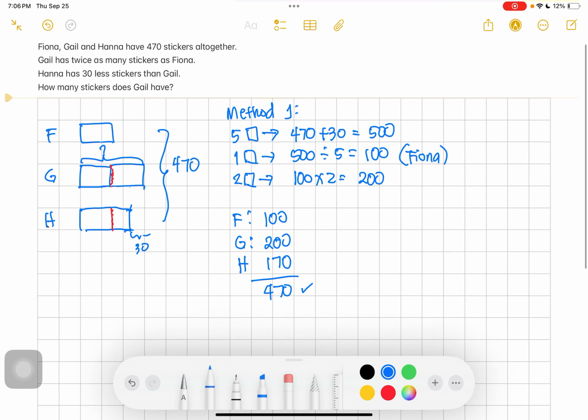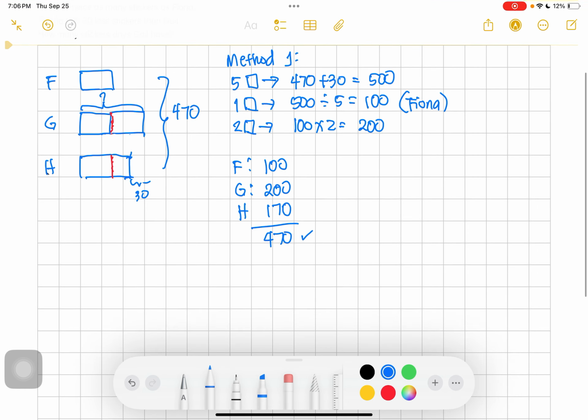Now for method 2, let's try to imagine first the removal of units, or the removal of the extras rather. So we remove the 30 extra here, and of course here also, and here as well, and this one also.